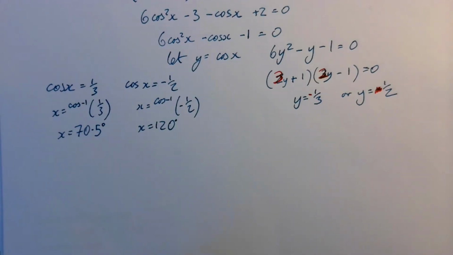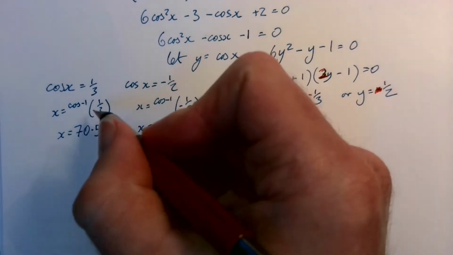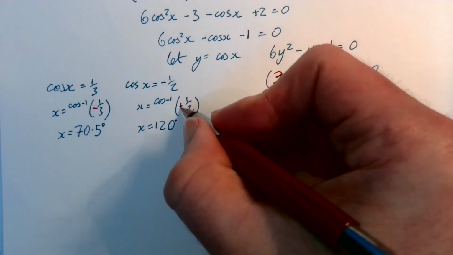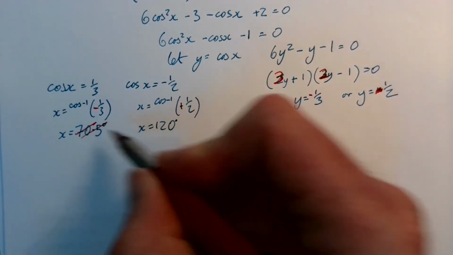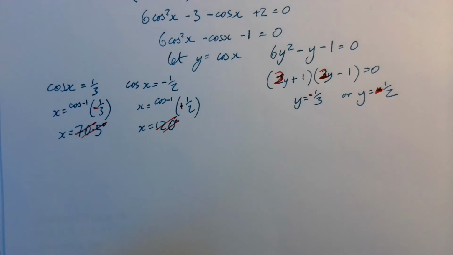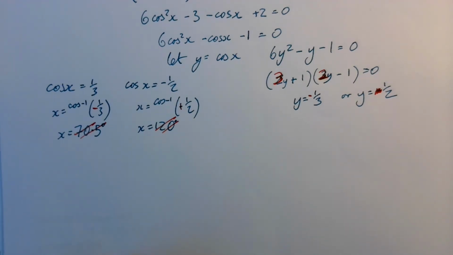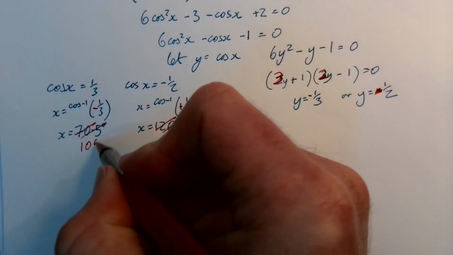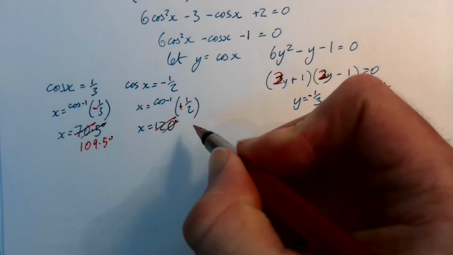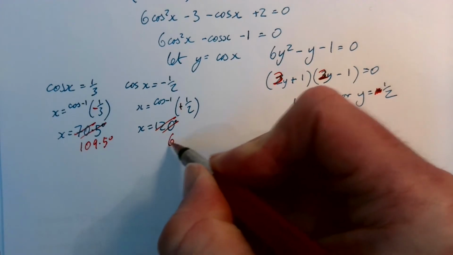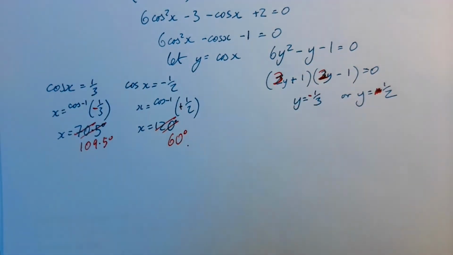So that's going to make a little difference over here. So we're going to have -1/3, we're going to have +1/2, and that's going to be giving us 109.5 degrees for that one, and 60 degrees for this. Okay, now pause it and sort out the rest.